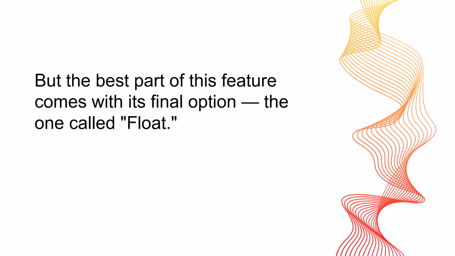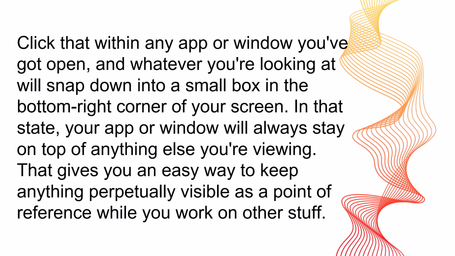But the best part of this feature comes with the final option, one called Float. Click that within any app or window you've got open, and whatever you're looking at will snap down into a small box in the bottom right corner of your screen. In that state, your app or window will always stay on top of anything else you're viewing.